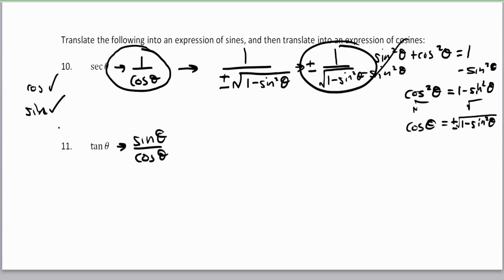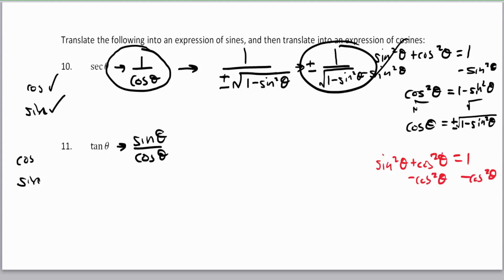Now we're not actually done writing this as an expression of cosine or sine, but I can take the identity sine squared theta plus cosine squared theta equals 1. I can solve for sine if I'd like to, and I will. I'll subtract the cosine squared theta from both sides.